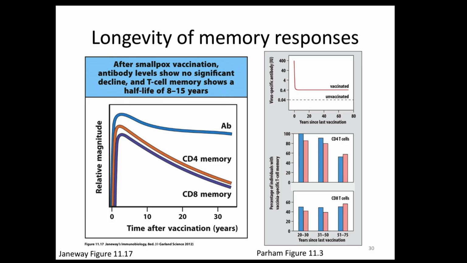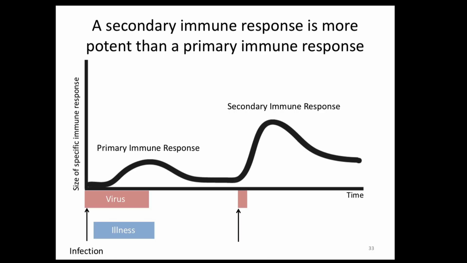Differences in trafficking, all of those types of things. And so this is why we see a secondary immune response: after we've had our first primary response, the cells that remain are memory cells. Note that there are more of them than there were of the naive cells. So there is this increase in number. But these cells also are better at functioning.